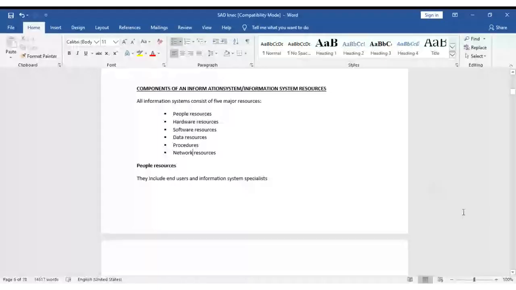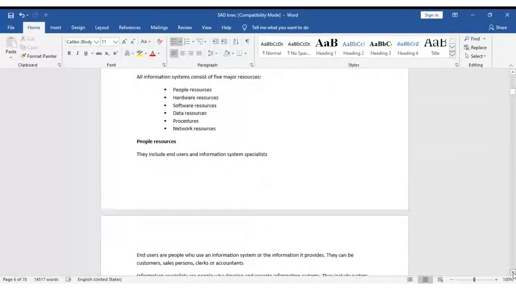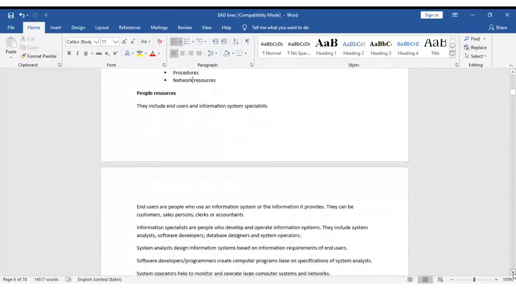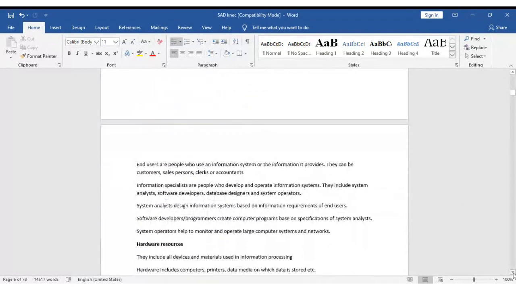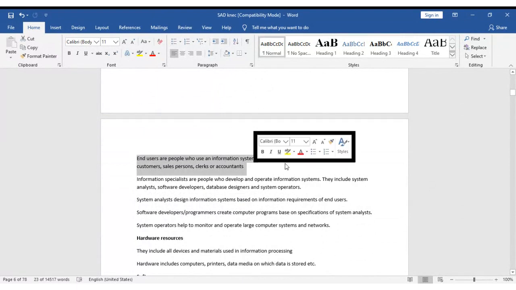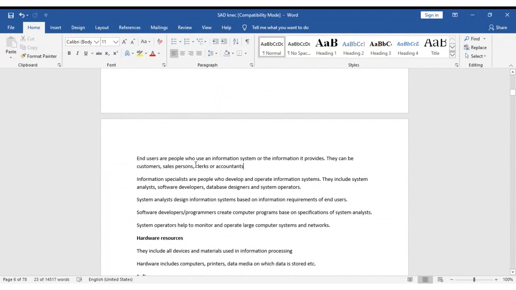People resources include end users and information system specialists. End users are people who use an information system or the information it provides. They can be customers, salespersons, clerks, or accountants.